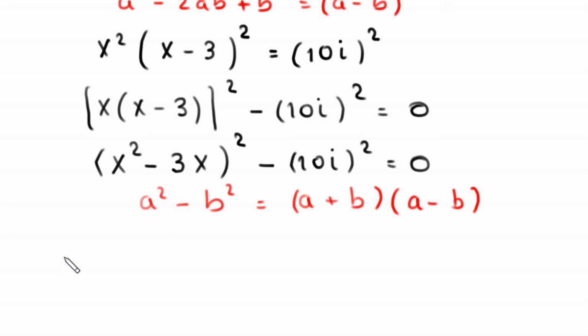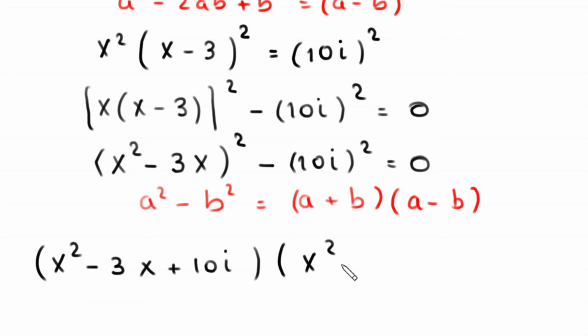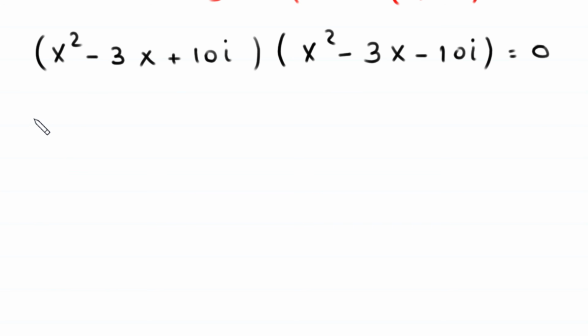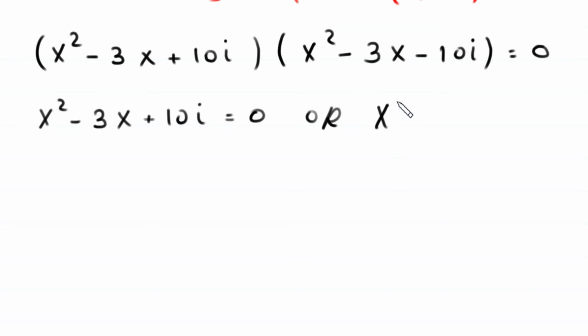This expression will become x squared minus 3x plus 10i times x squared minus 3x minus 10i equal to 0. Either this expression x squared minus 3x plus 10i equal to 0, or this expression x squared minus 3x minus 10i equal to 0.